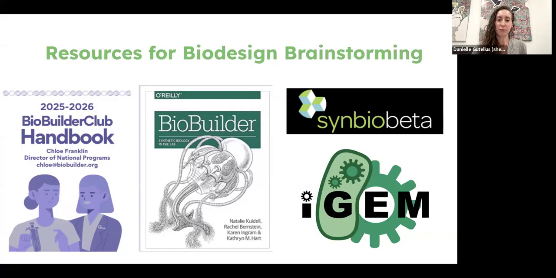And then there are several real life examples in there as well. iGEM, of course, has a plethora of SynBio projects designed by high schoolers. So you can check those out. And SynBio Beta is also another amazing resource for just getting ideas of project topics. And you can look at different devices and how they might work.